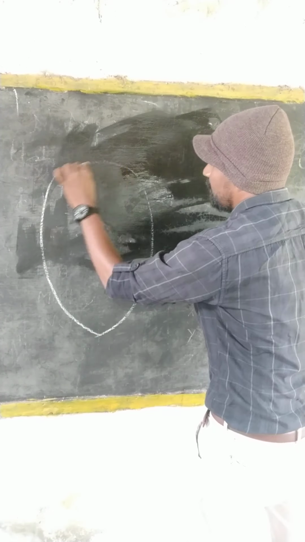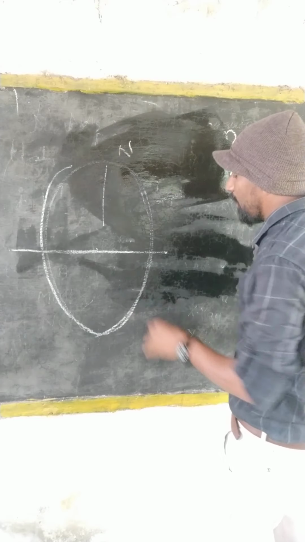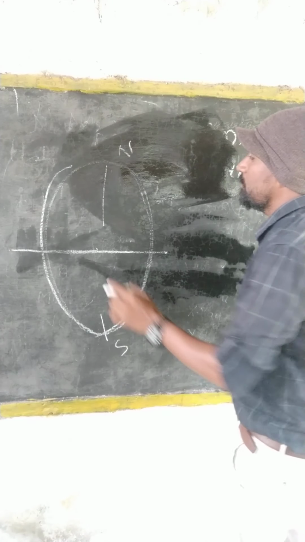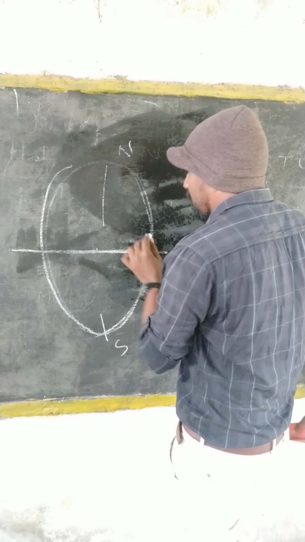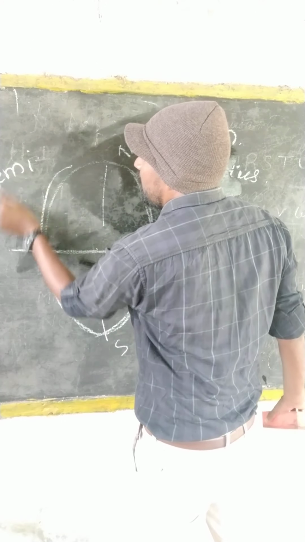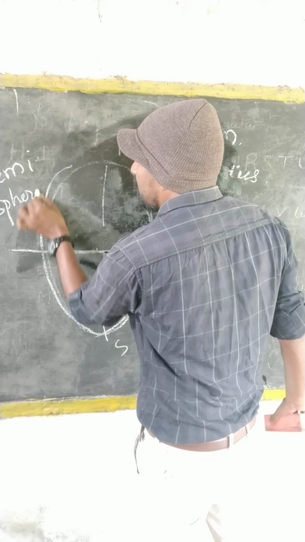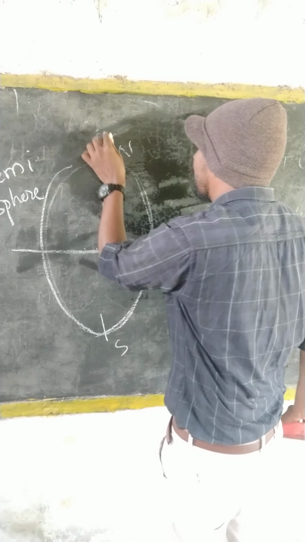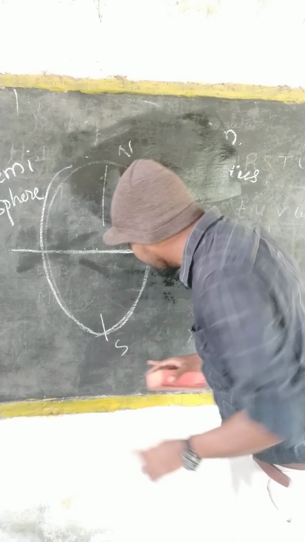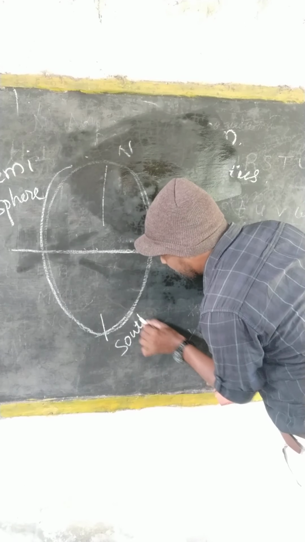If we divide the sphere into two parts, the upper part is known as north and the lower part is known as south. Half of the sphere is known as a hemisphere. In which direction is it? It is in the north. That's why it is the northern hemisphere. If it is downward, it is known as the southern hemisphere.